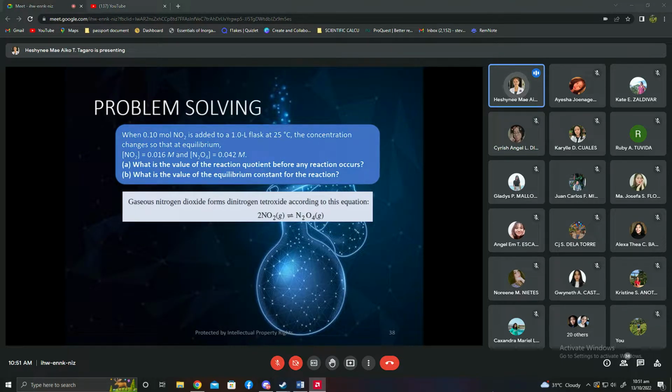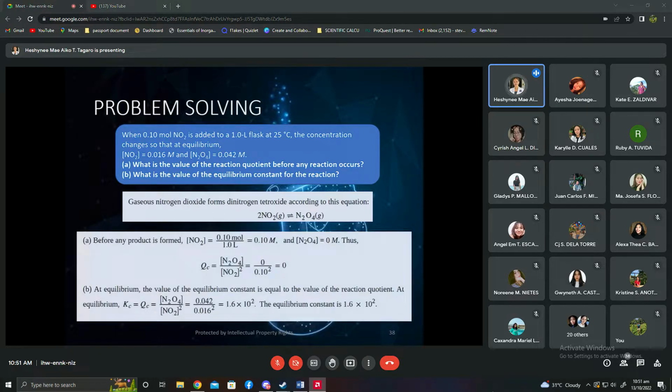So it may not be obvious to you, but the given is already in the problem. Take note, before any reaction occurs, the reaction has not started yet. Therefore, we don't have any product concentration yet. All we have is just the reactant, which is your NO2. So before any reaction occurs, we need to know the molar concentration of the reactant and, of course, your N2O4.